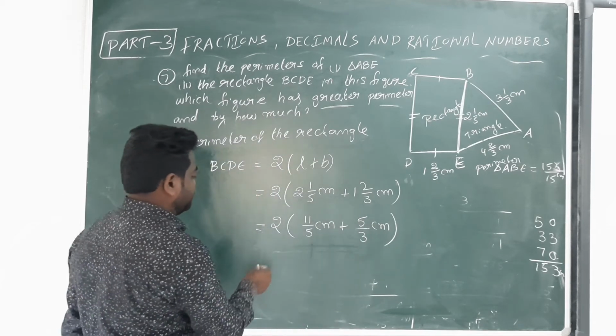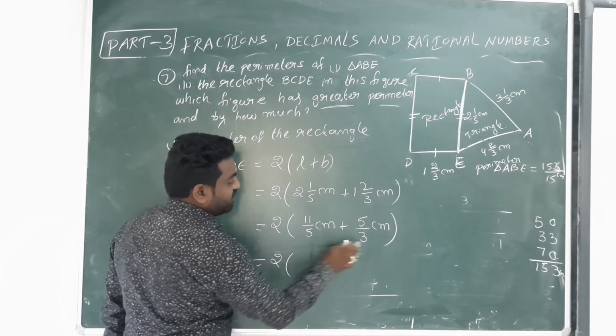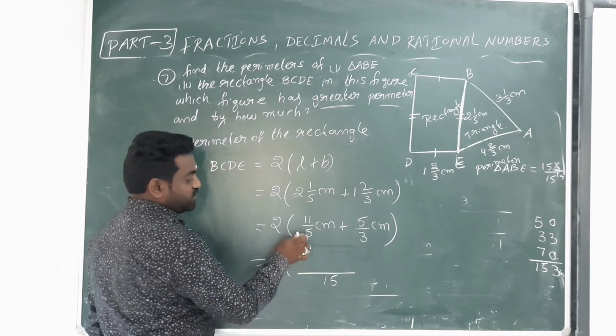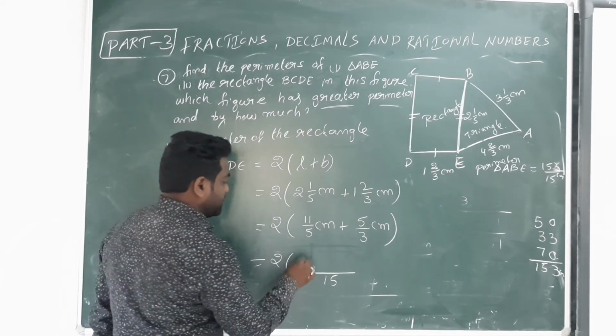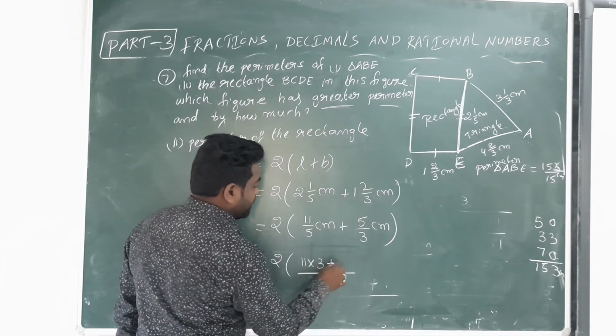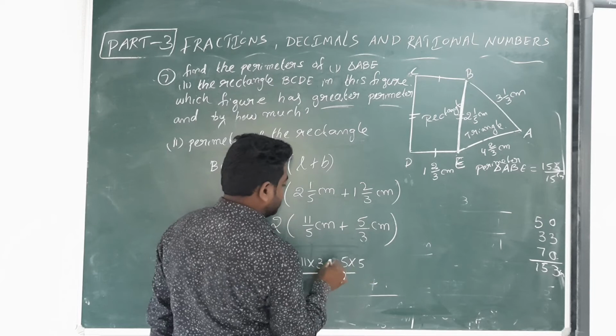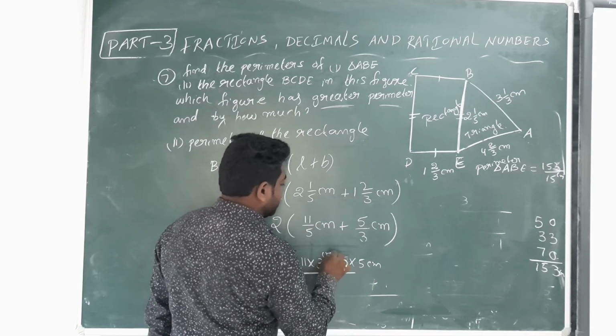Take the LCM of 5 and 3: 5 3s are 15, the LCM is 15. So 5 table in 15, 3 times, 11 into 3, plus 3 table in 15, 5 times, 5 into 5 centimeters.